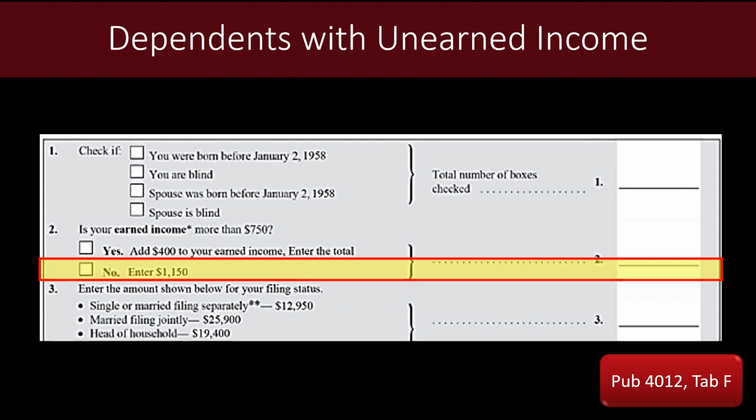The reason for this is to discourage income shifting from parents who may have a higher tax bracket to children whose tax bracket might be lower. Then you will note that if the earned income plus $400 is higher than the usual standard deduction for the year, then the standard deduction will be as usual based upon the dependent's filing status.